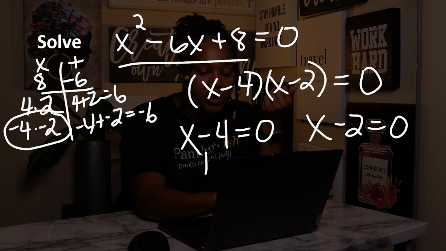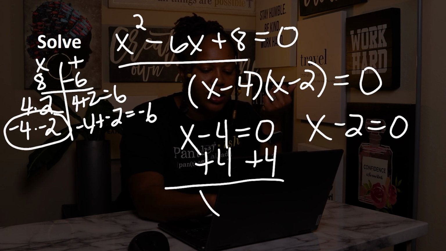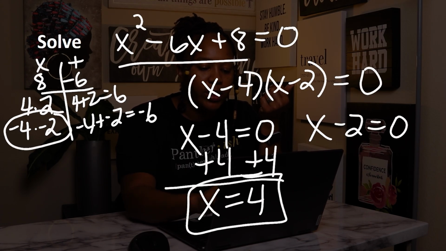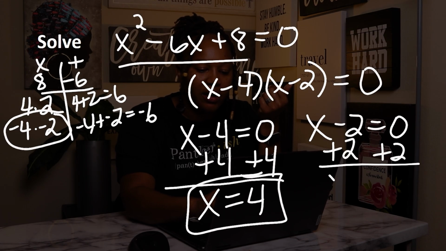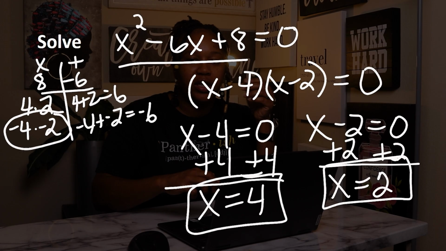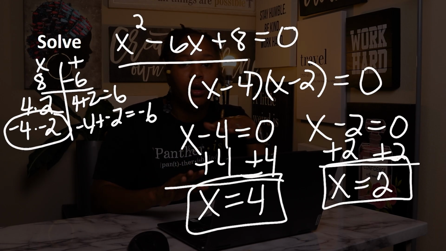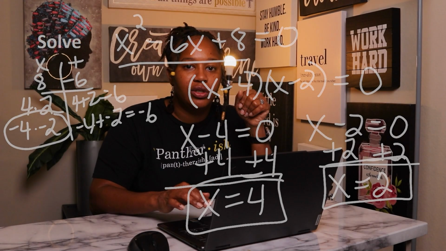These are linear expressions. So in order to solve for x here, I will add 4 to both sides, and that gives me x equal to 4. That's one answer. In order to solve for x over here, I need to add 2 to both sides, and that gives me x equal to 2. And so you end up with 2 answers, x equal 4 and x equal 2. Either one of those answers will make that equation true, all right?